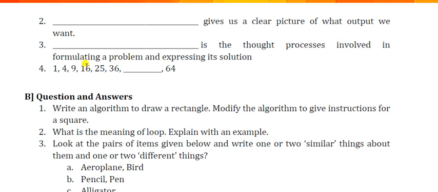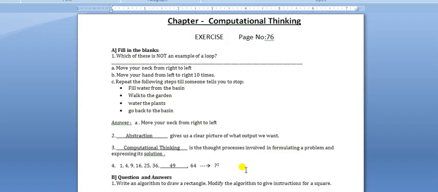Third, dash is a thought process involved in formulating a problem and expressing its solution. I know everyone will know the answer, that is, computational thinking is a thought process involved in formulating a problem and expressing its solution.